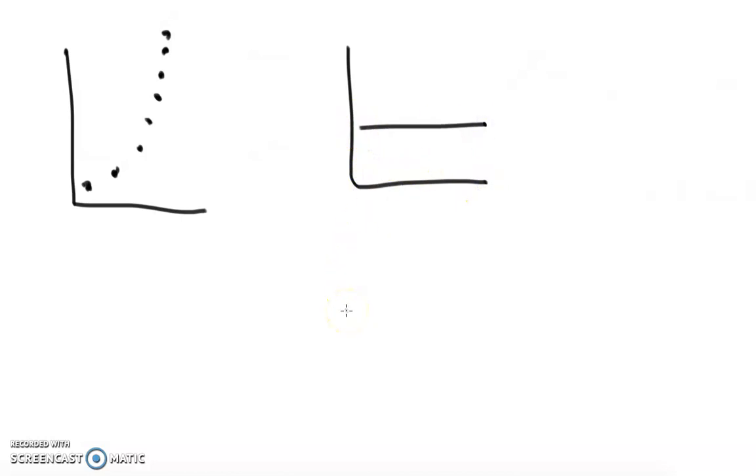So as you can tell, the first graph is discrete, but the reason why it's discrete is just because the points are not connected together. So this horizontal graph actually does have a bunch of points. They are just connected together, so it is continuous. So this is continuous, but this is discrete.